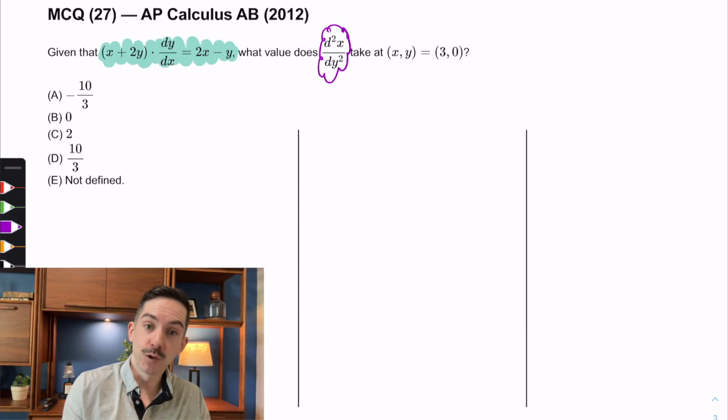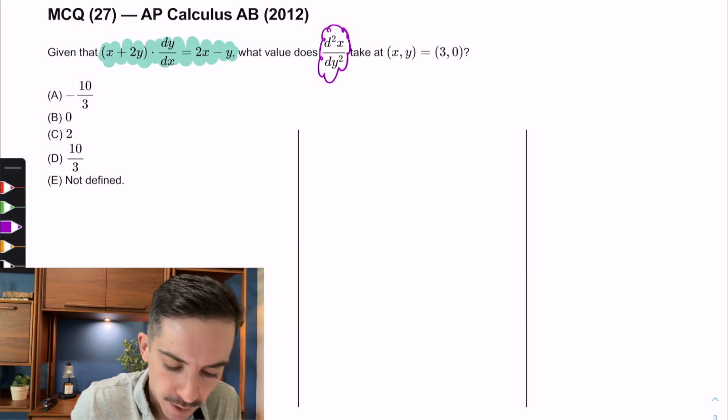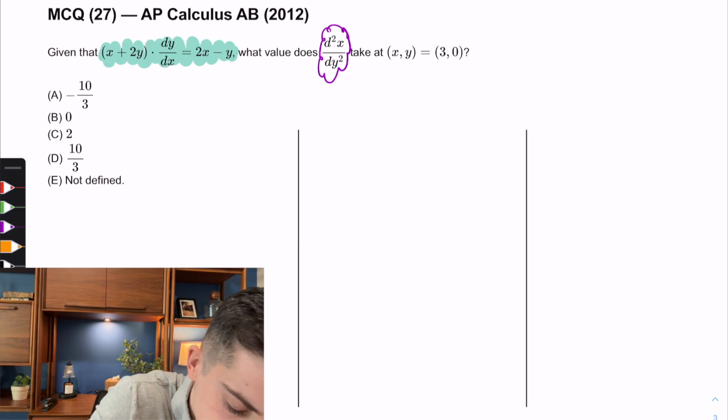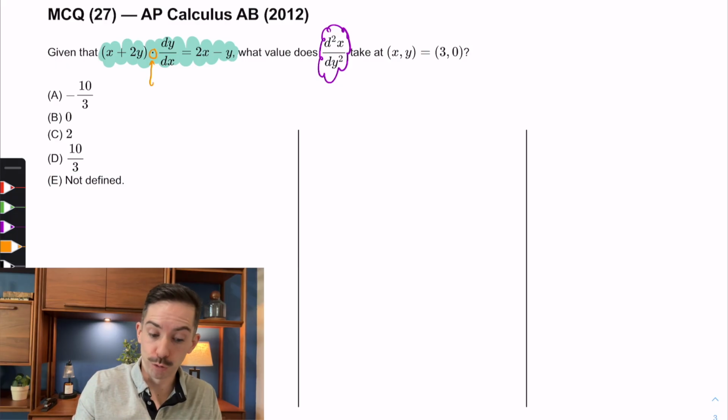So we're going to differentiate both sides, take what comes as I see it, apply my differentiation techniques correctly. So this left-hand side is a product. I have x plus 2y multiplying dy by dx. So I need to apply the product rule.